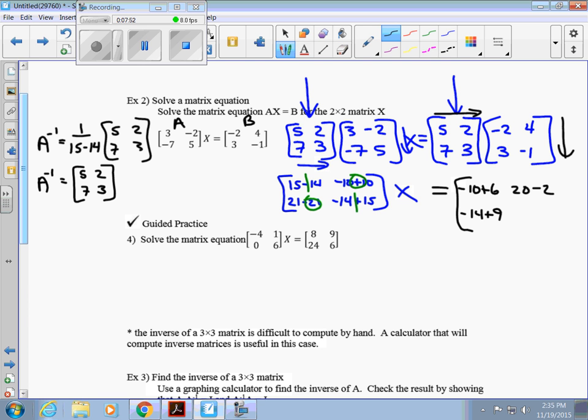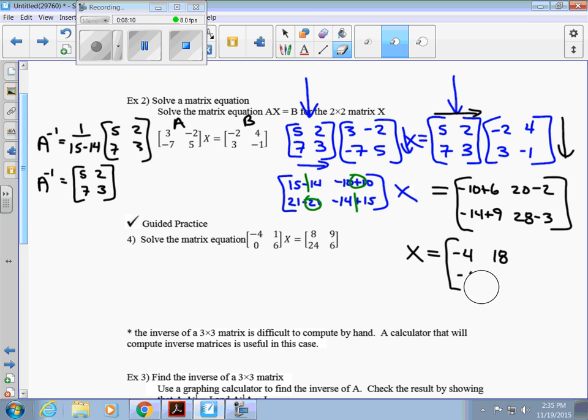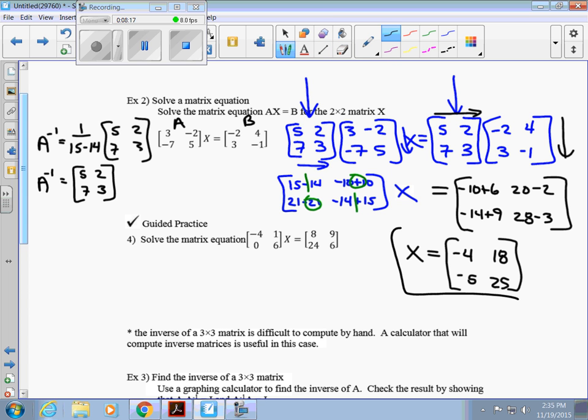And then row 2, column 2 is going to give us 28 minus 3. And so really x is going to equal negative 4, 18, negative 6, negative 5, and 25. So here is what x equals.